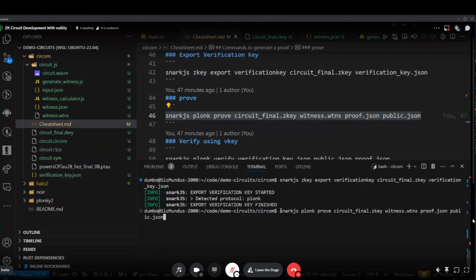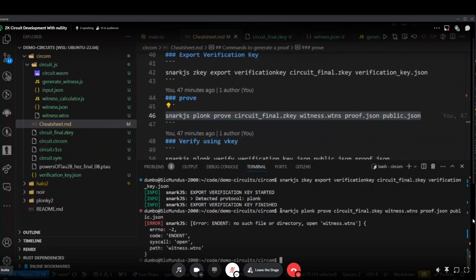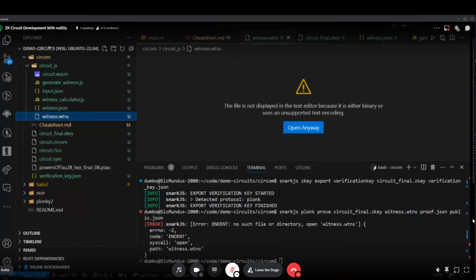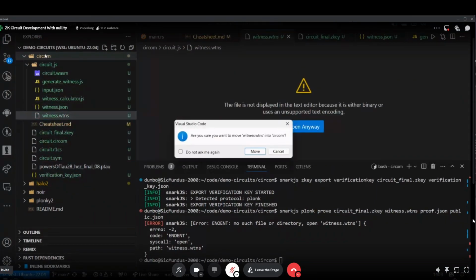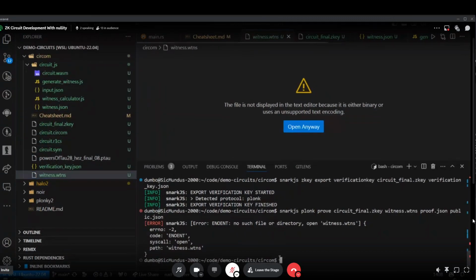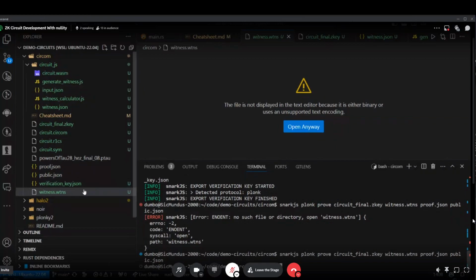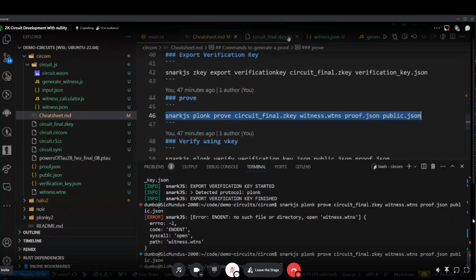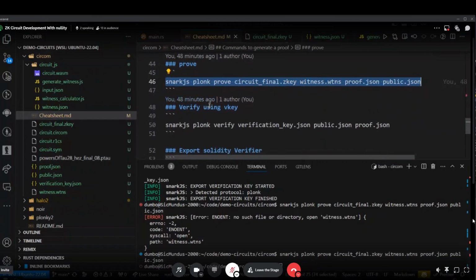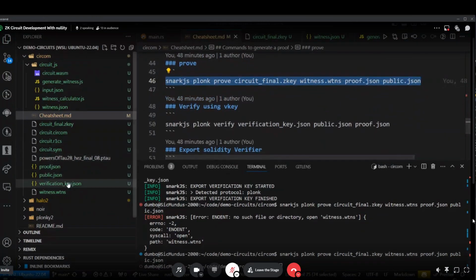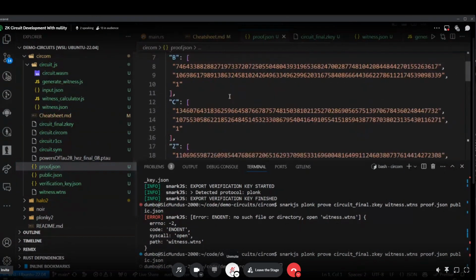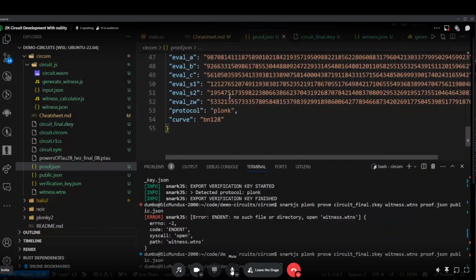Generating a proof. Okay, the witness is over here. We just have to move it here. Cool. So I hope we have proof.json. Oh, okay, we're getting the proof.